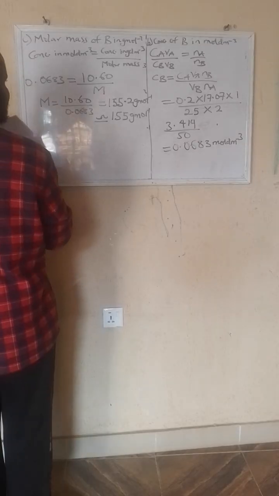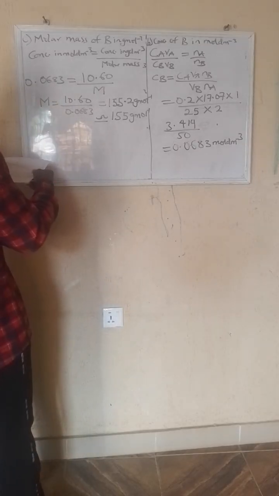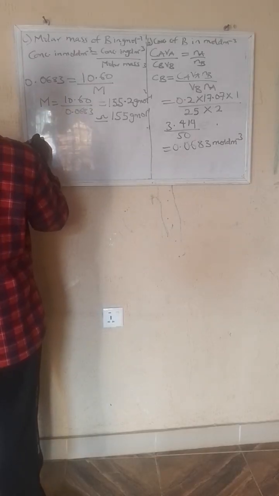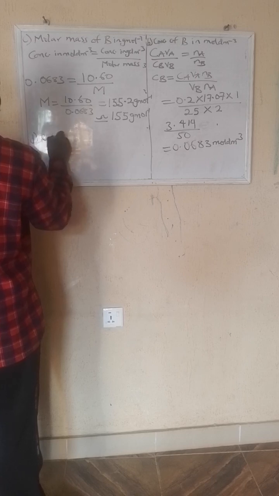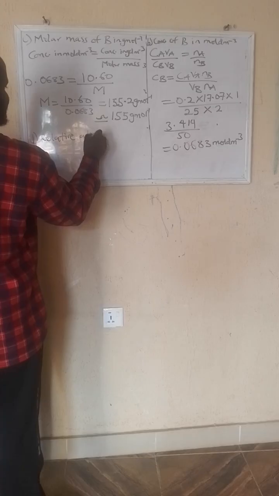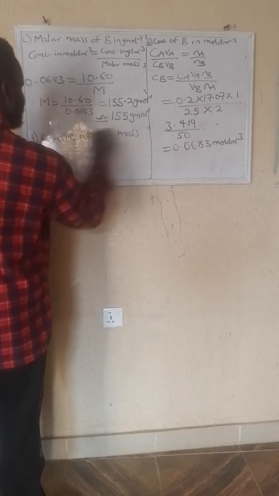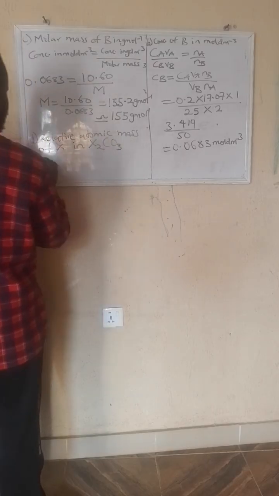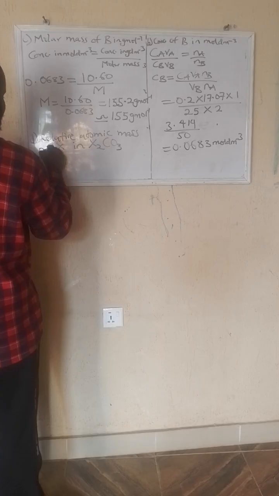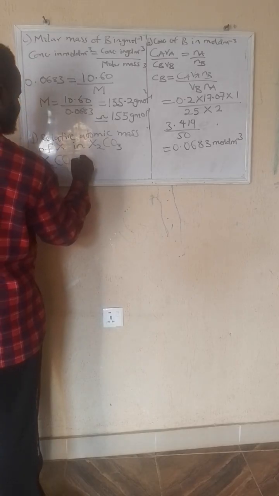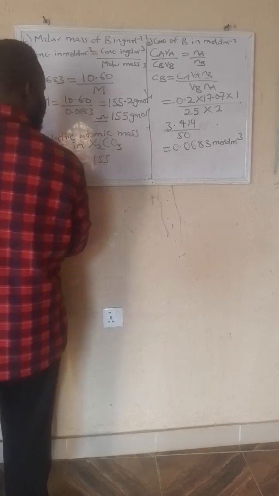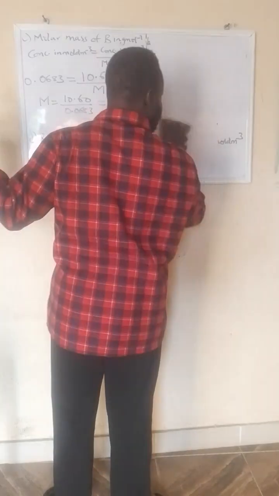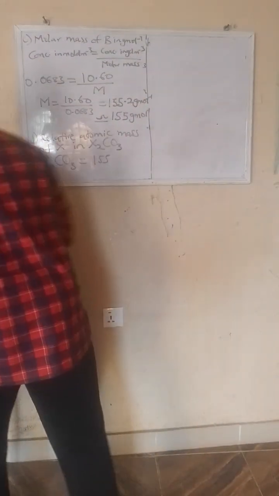The next thing we have to calculate is the relative atomic mass of X in X2CO3. Since I know that the molar mass of the compound B is 155, I believe you are still following as we are solving.